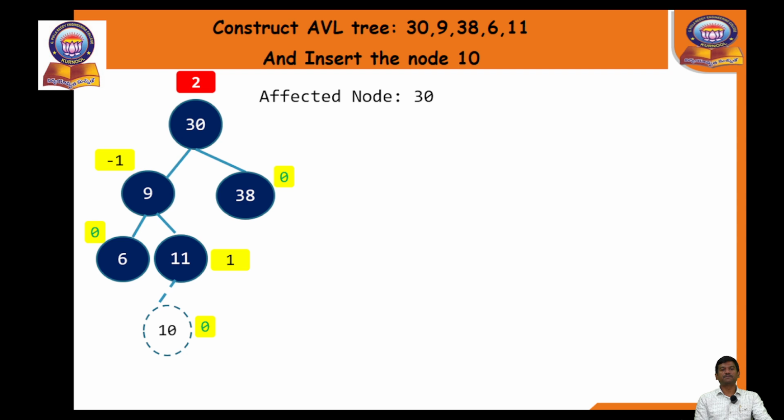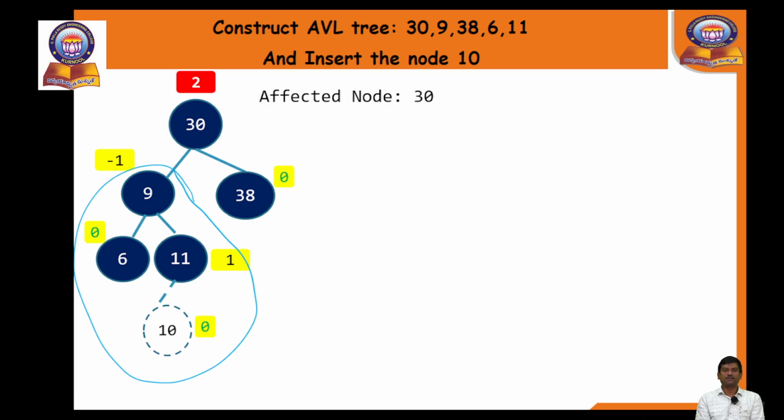And check from the perspective of node 30. So left is heavy. That is what we can say by observing this tree diagram. We can say left is heavy. And if you recall the concept of when to perform the double rotation, when to perform the single rotation, the part of the pseudocode, you can observe.